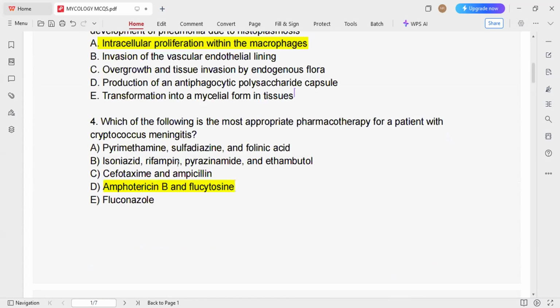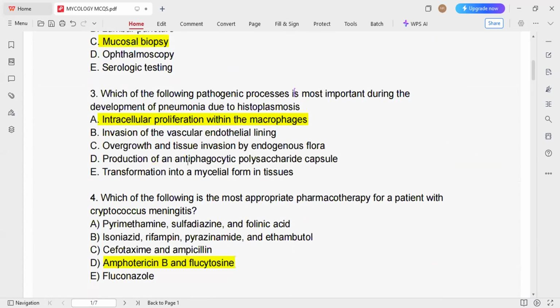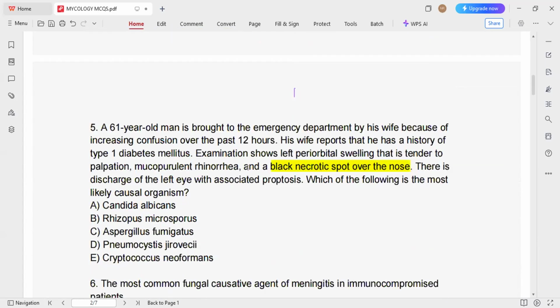This is similar to a question I had mentioned. Number 2 and number 5 are testing the same fungus. So what's the answer? Rhizopus microsporus. Okay.